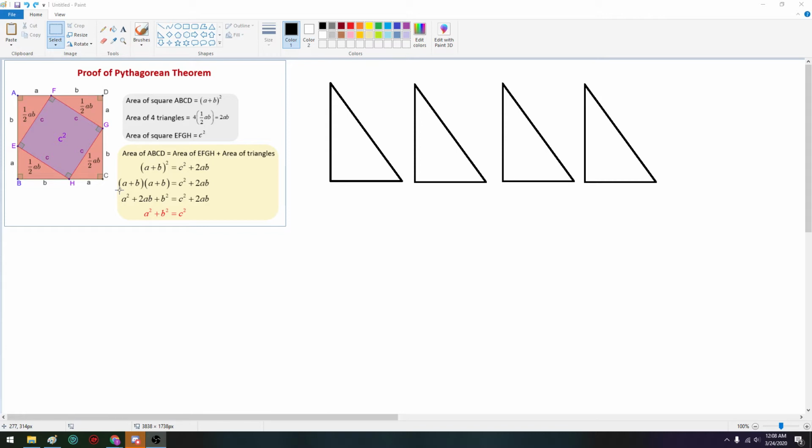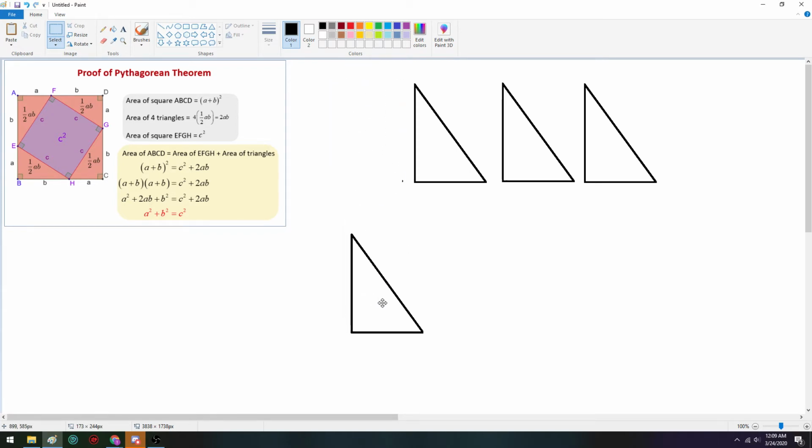And because we know the area of a square is the side squared, that's where we get each of those terms being a squared plus b squared equals c squared, because they will always form a box in the middle. To prove that, I have these four triangles.